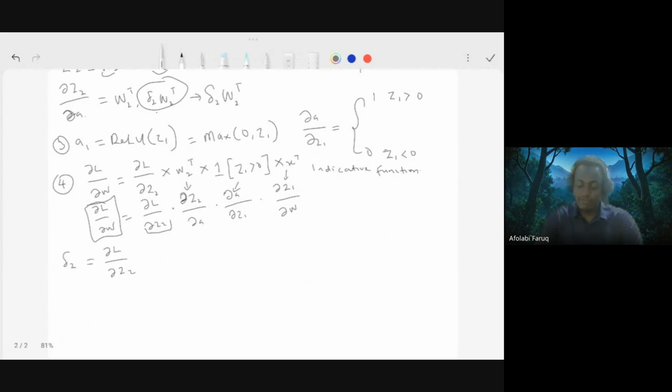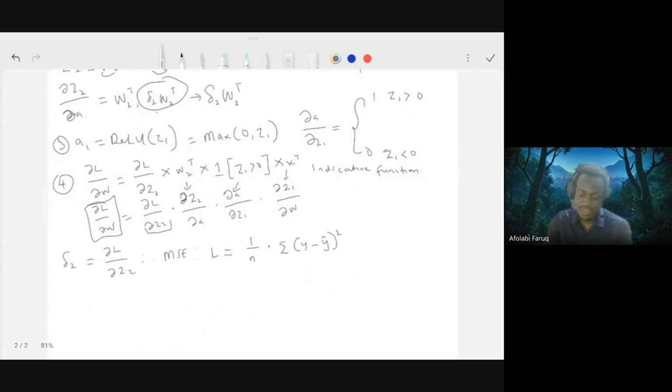So for MSE, for mean squared error, I don't know if I've explained it, so let me do that. The loss is 1 over n times the summation of y prime minus yi, squared.